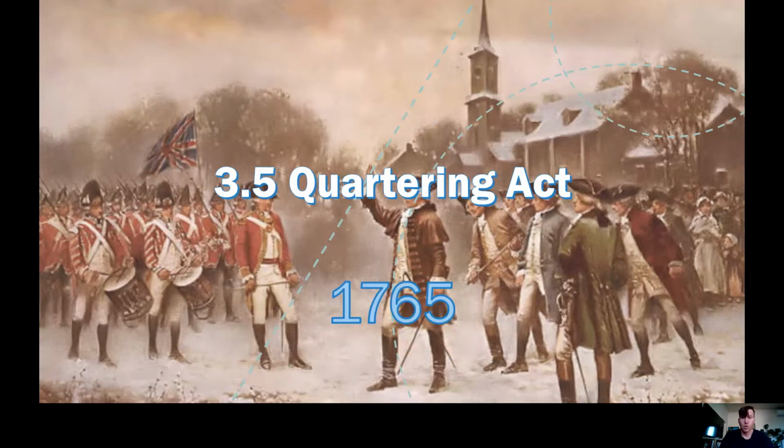So the first thing that happens is the Quartering Act, and by now you should know what quartering is. Troops are housed in the colonies by colonials, so British troops.